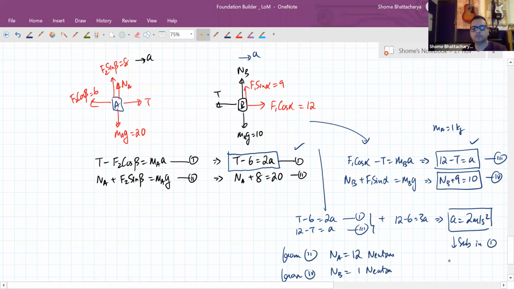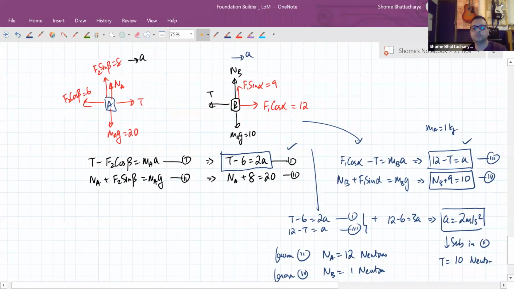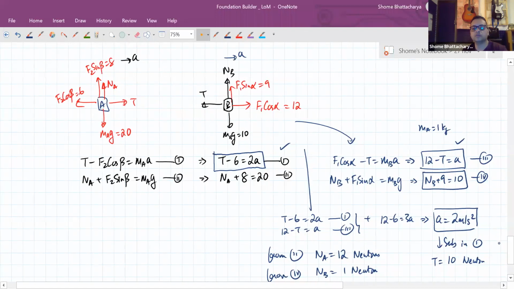So you will get T as 10 newtons. Equation 1 or equation 3, whichever you like. So you get this also. So all these answers will come by solving the equations correctly.